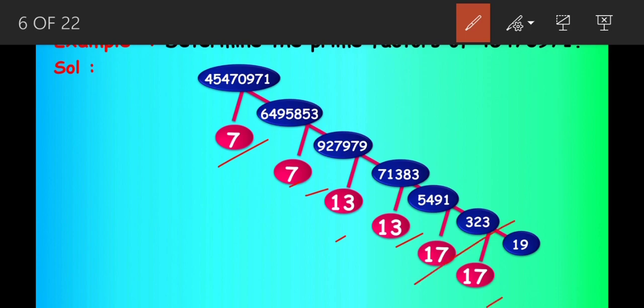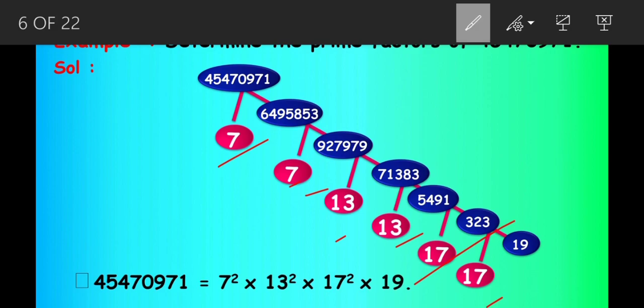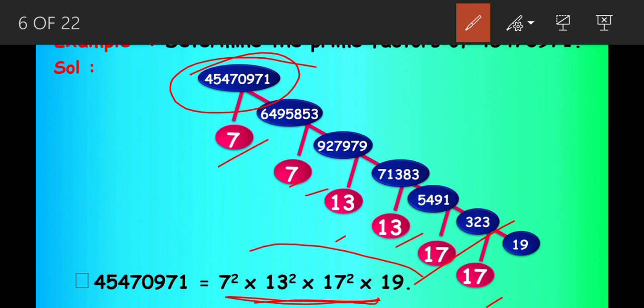Like this, they have represented the given composite number as a product of prime factors, which is unique. It cannot be represented as a product of prime factors in another way. We can keep 13 in the front, or 19 in the front; the order may change, but this expression we cannot change.